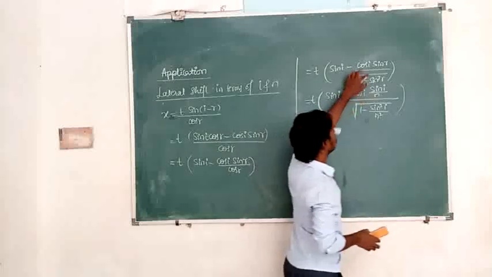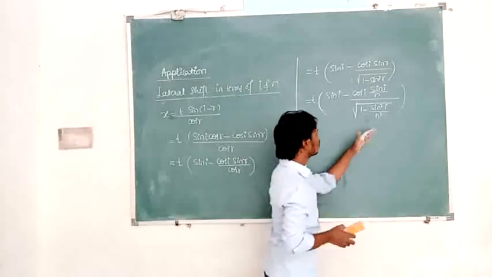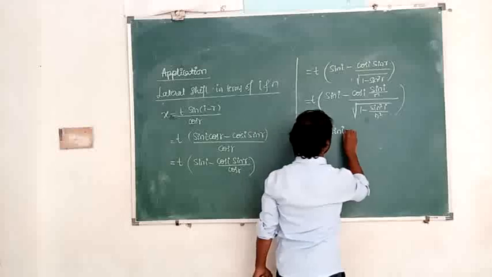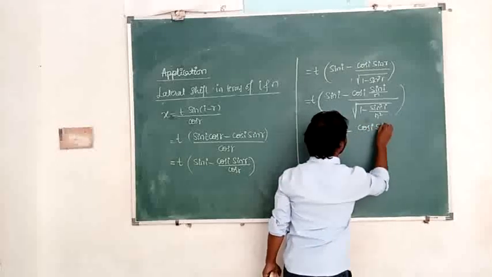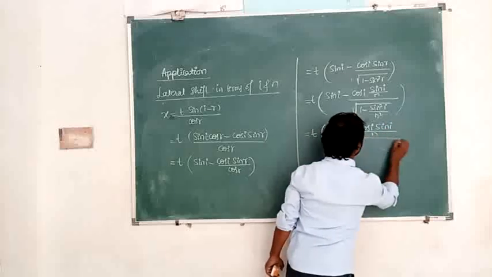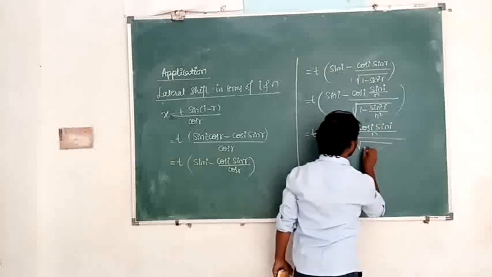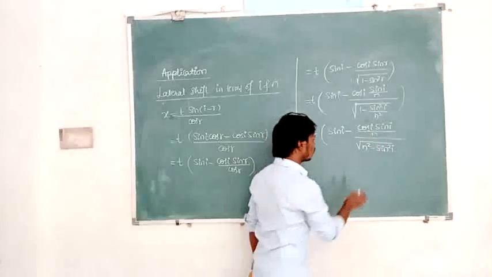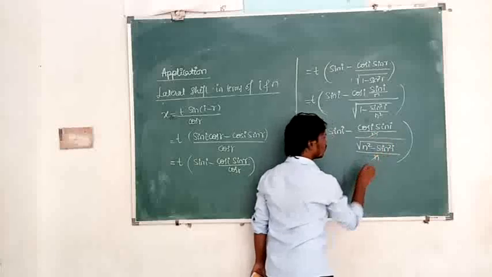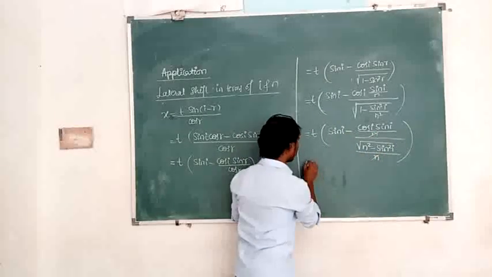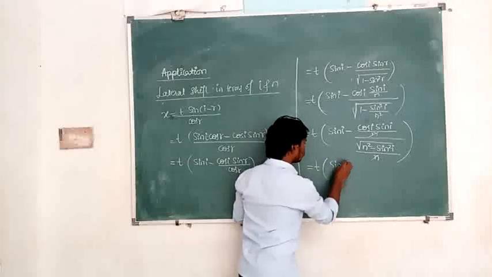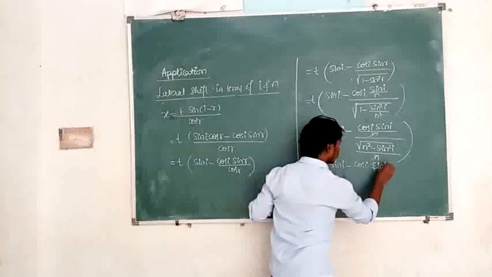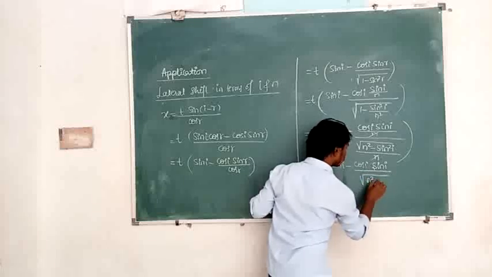Now take n square as the LCM. So t into sin i minus cos i into sin i divided by n, whole divided by the square root of (n square minus sin square i) divided by n square, which becomes n. So the 1 by n gets cancelled. What is left is t into sin i minus cos i into sin i divided by the square root of n square minus sin square i.